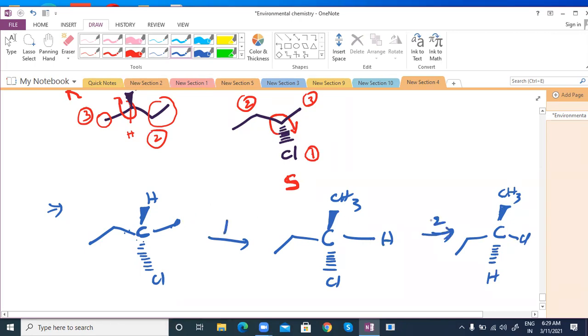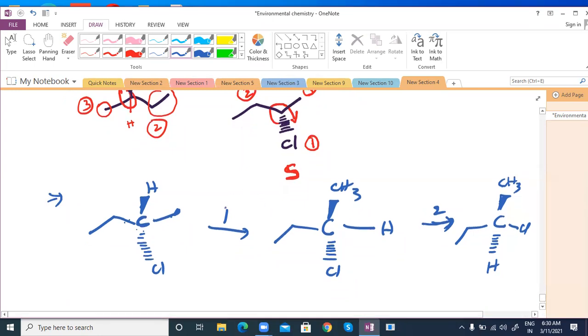An even number of exchanges gives an identical molecule. Now we make it and write the RS nomenclature. What will we get here? Then you can write, with an even number of exchanges, the same thing, and you can write the RS nomenclature and you will get your answer. Just do this: even number of exchanges means identical molecule.